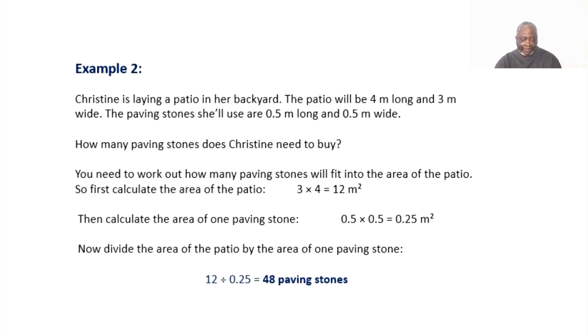Now divide the area of the patio by the area of 1 paving stone. That is 12 divided by 0.25, which is equal to 48 paving stones. Again, note that I didn't say 48 meters squared because your answer shouldn't be in meters squared. You want to know how many stones she has to buy.